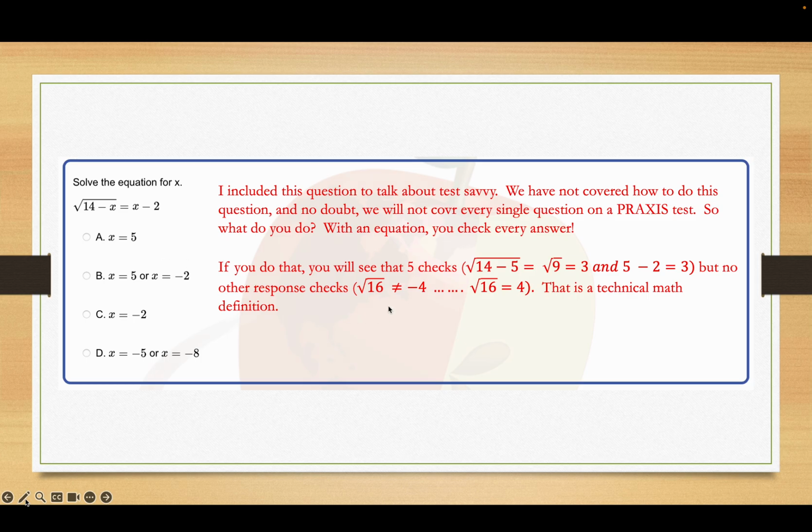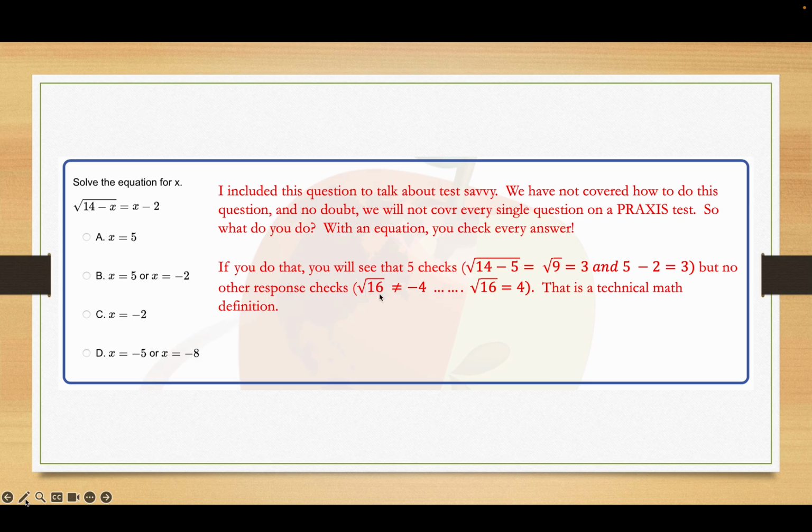But if I plug in a negative 2, I get this thing that says the square root of 16 is equal to negative 4 when I check that. And I know that in one sense it does, because negative 4 times negative 4 is 16. But in mathematics, we strictly define and say that any square root is always the positive unless denoted otherwise.